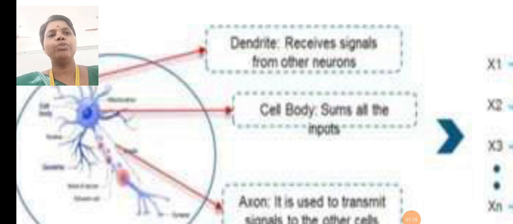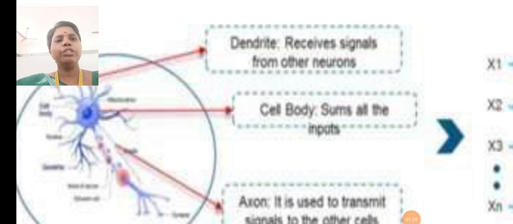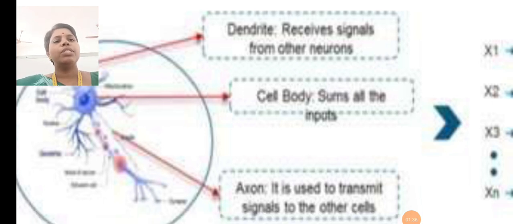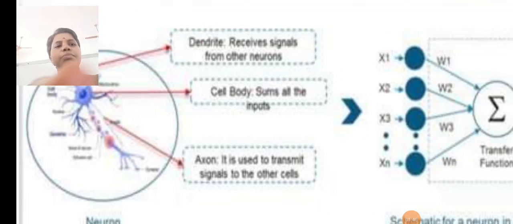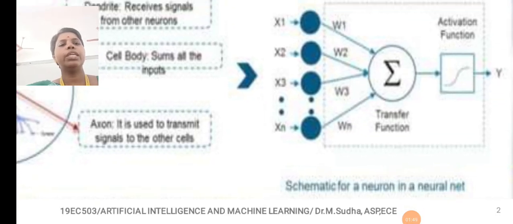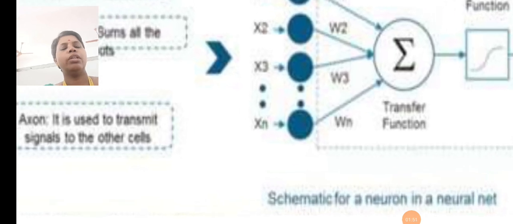As we all know, in a biological neuron the dendrites are used to receive signals from other neurons. The cell body sums all the inputs, and the axon is used to transmit the signals to the other cells. Likewise, it is represented here in the schematic of a neuron in a neural net.